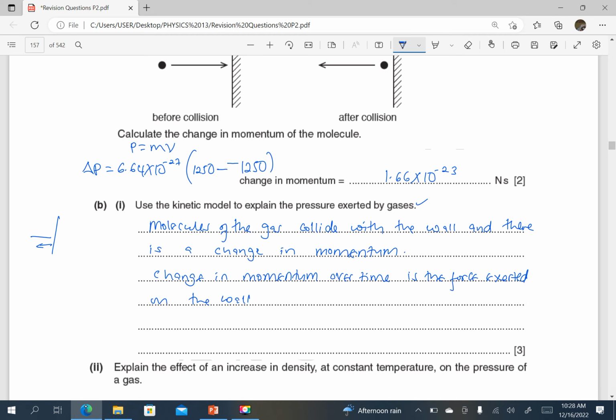Of course, since there are several molecules, the sum of all the molecular collisions per unit area produces the pressure.